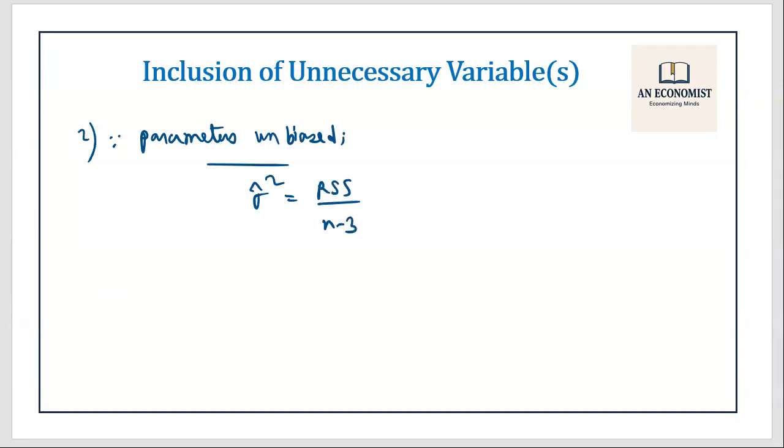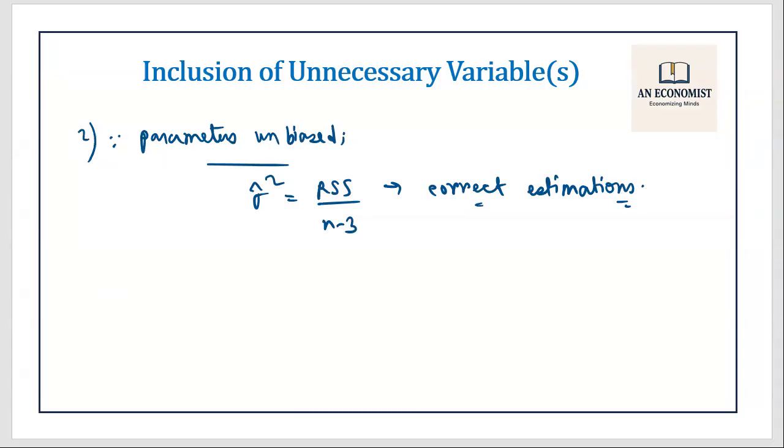You have 3 parameters in the model, so it will be RSS by n minus 3 and this will be correct estimation. The RSS and the ESS are correctly estimated. That is why this estimation that you will find out will still be correct estimation.